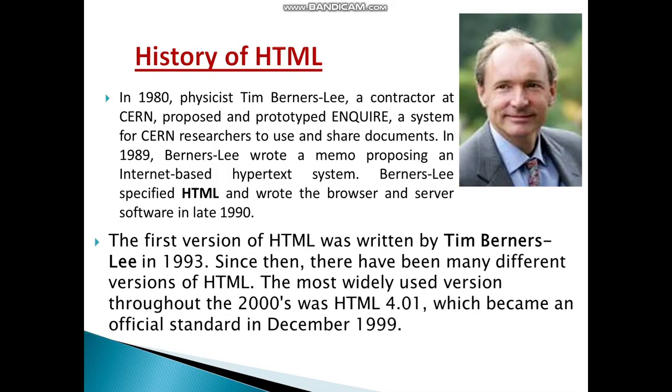Again you can see the first version of HTML was written by Tim Berners-Lee in 1993. Then the most widely used version throughout the 2000s was HTML 4.01, which became an official standard in December 1999.